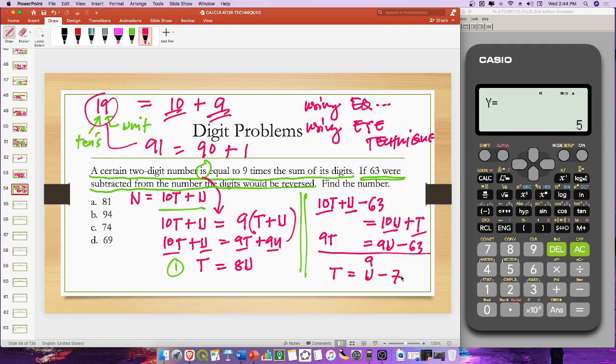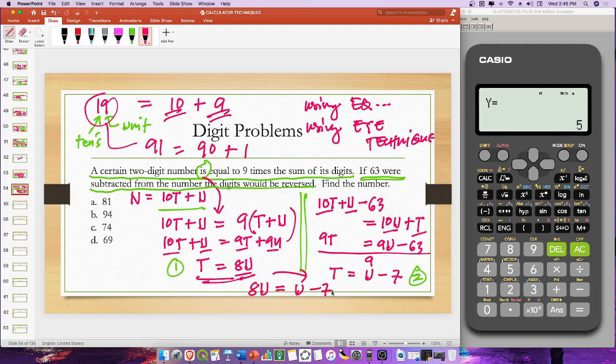Now, what is the value of t? Take note, I am using the ordinary solution for this. The next solution I will show you is using the I technique. That will be easier. Just by looking at the problem, you can easily identify what the answer is. Okay, so if I'm going to substitute t into this equation, this will become 8u equals u minus 7, right?